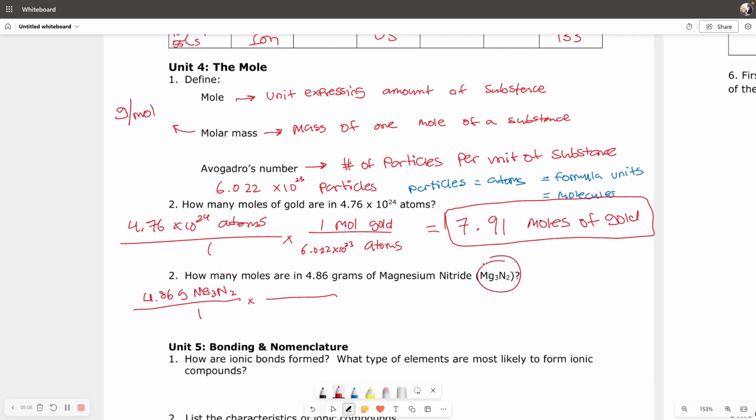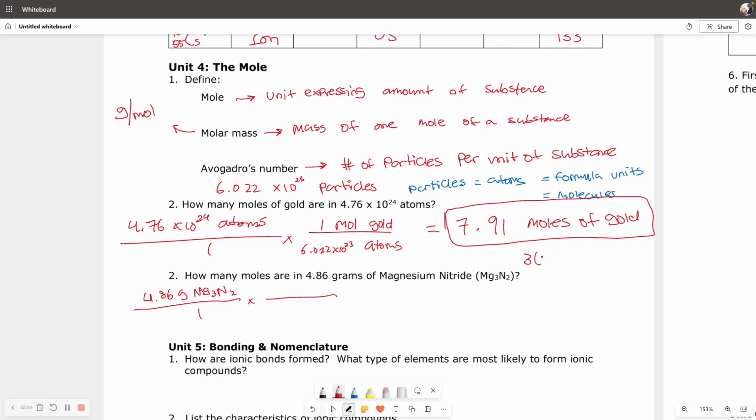In order to calculate the molar mass of this substance, all we have to do is find our periodic table and grab the molar mass values from it. Everyone pull out your periodic table if you have not already. You will find magnesium as number 12 on the periodic table. Each magnesium has a molar mass of 24.30, which we can find on the bottommost number. We have 3 of those in the formula, Mg3.